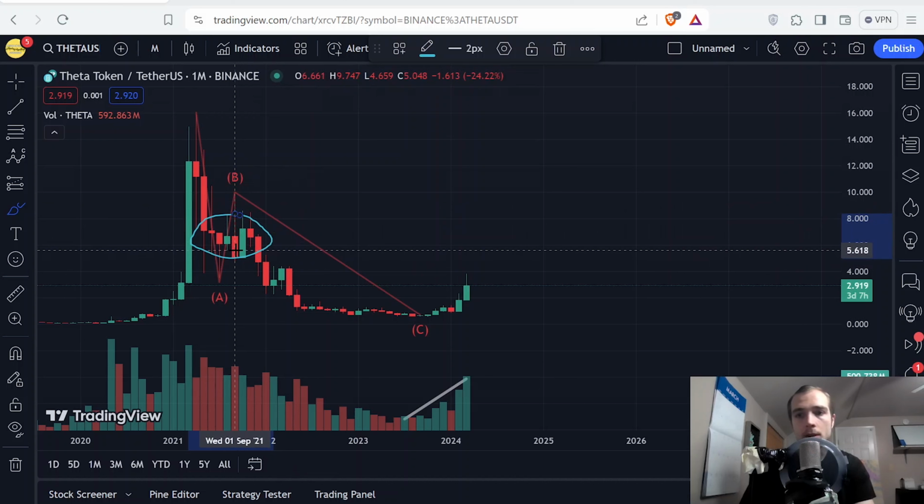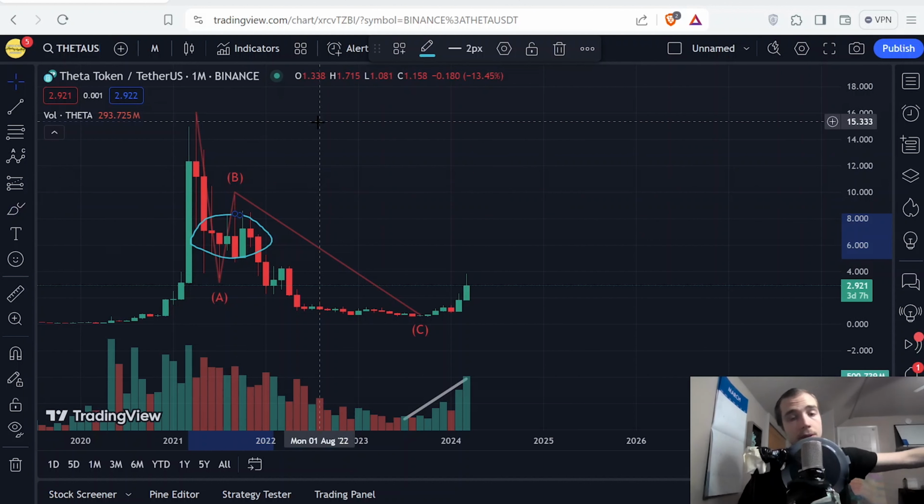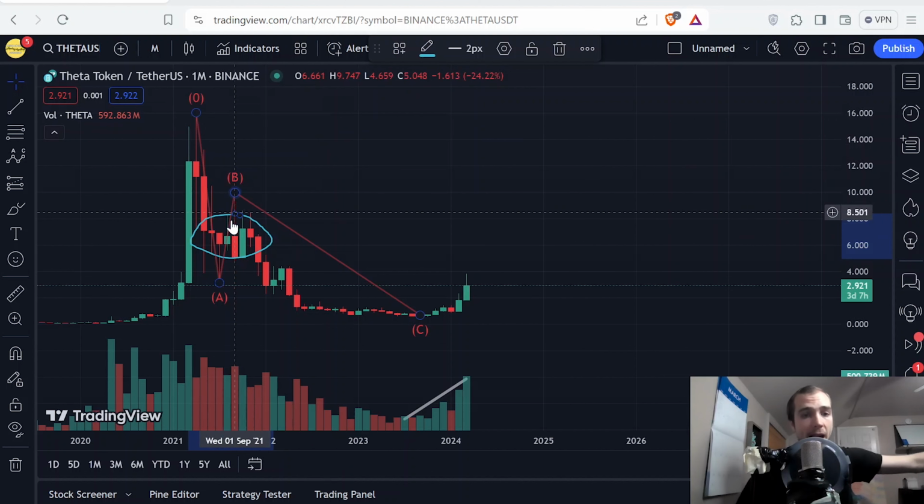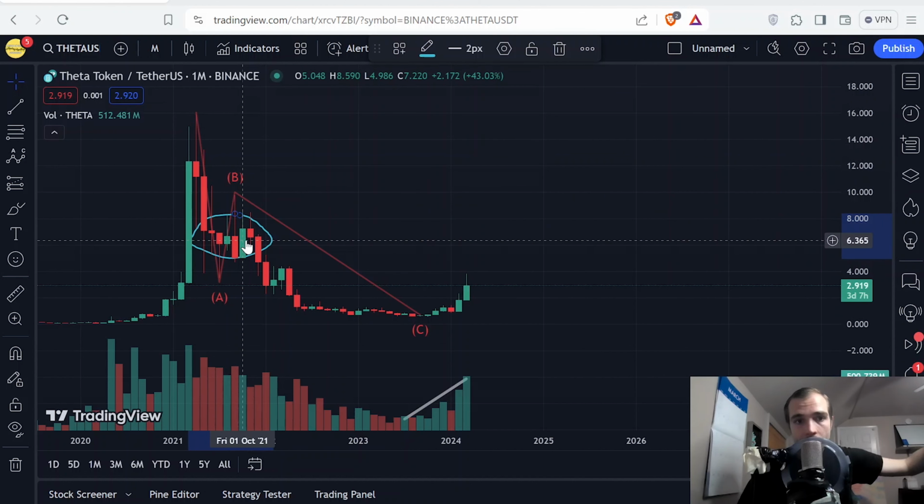Okay. So that's like $5, $6, $8, $9. We're only worth $3. So we're talking about 200% potential gains just to wave A and wave B up in that zone. So yeah, Theta coin looks super bullish.